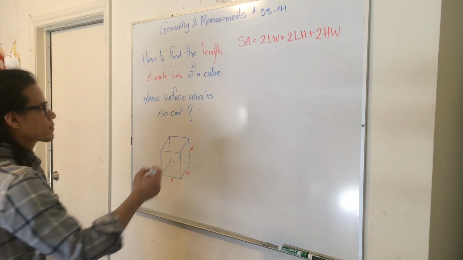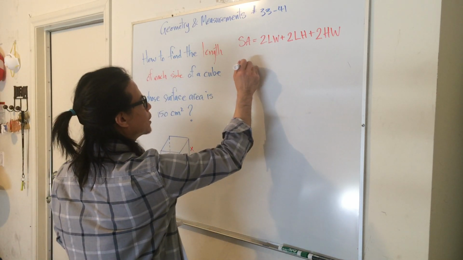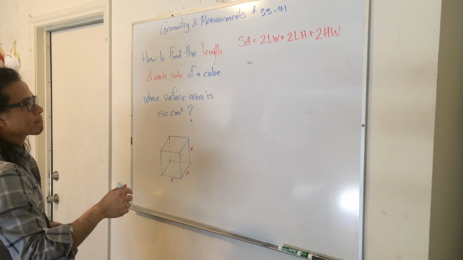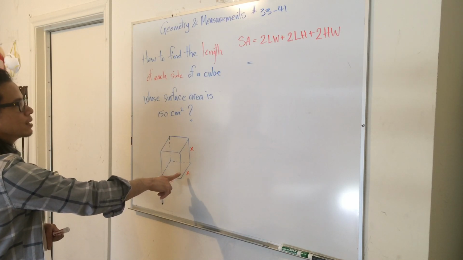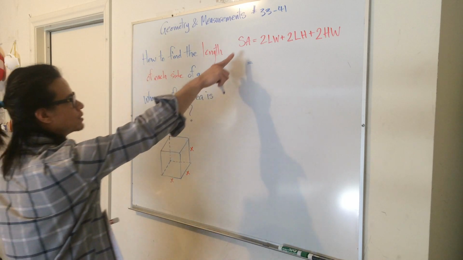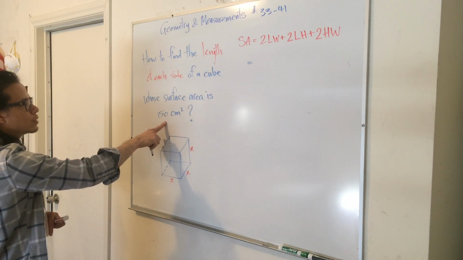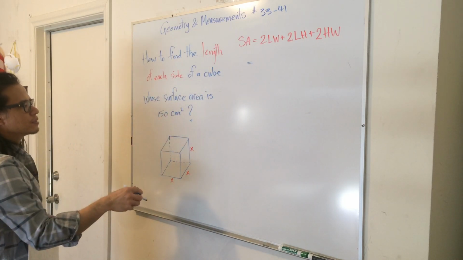So this is a special situation where we want to know the length of each side. So let's throw down the surface area first because we know that it's 150 centimeters squared.